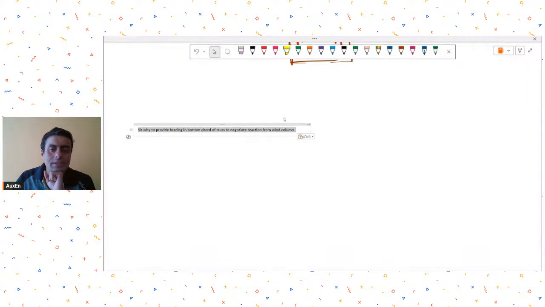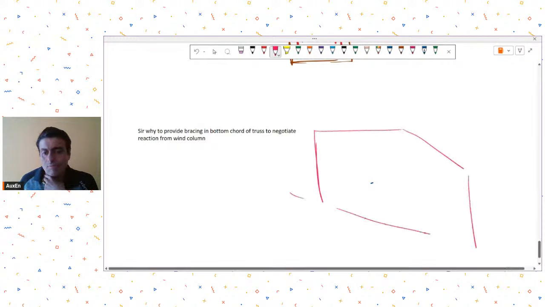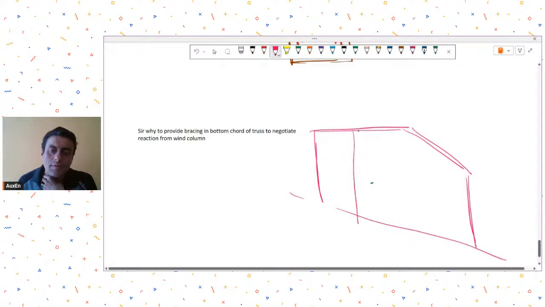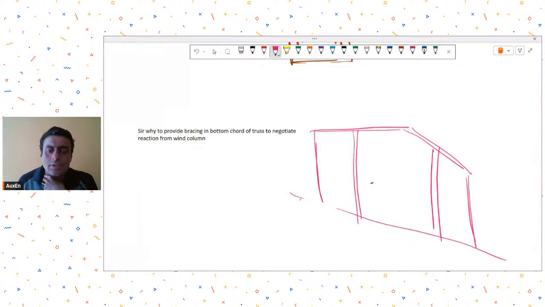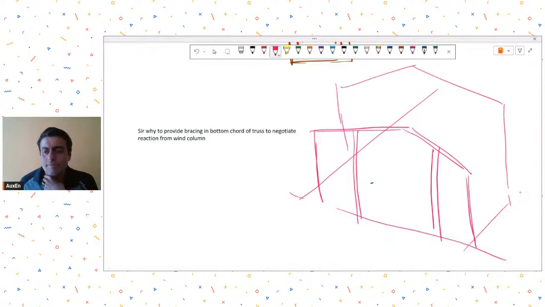What he is asking is, suppose I have a shed, and I will just try to show you the elevation. Suppose this is my elevation and this is my gable end, and I had a wind column over here, and then of course there is a rafter at the back also.